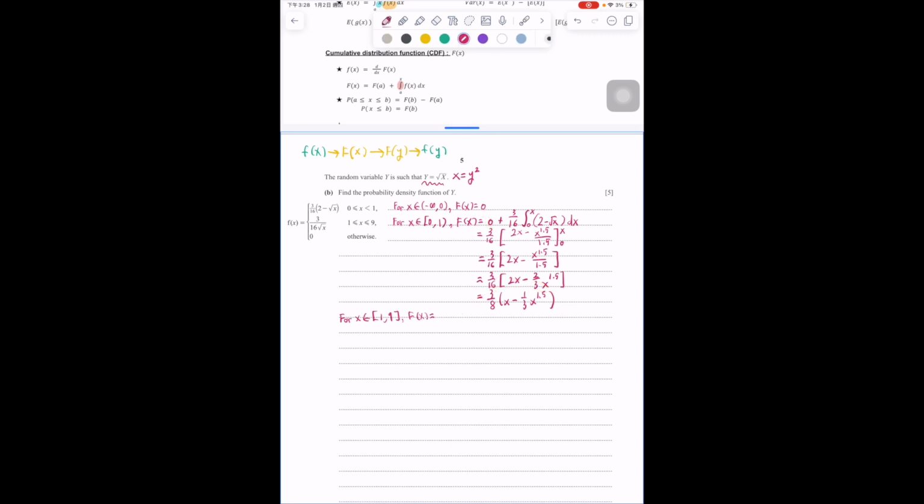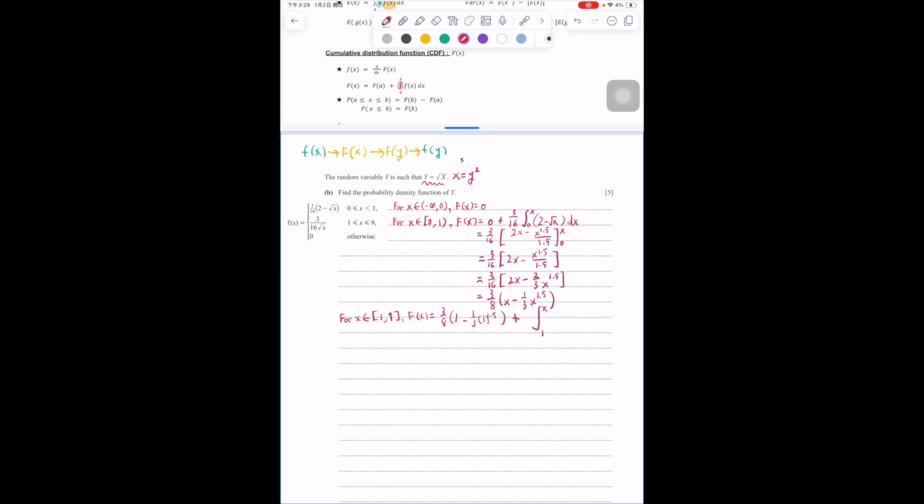So we have 3/8 x minus 1/3 times x to the power of 1.5 plus our integration. So wait, we need to put our 1, substitute our 1 to here, x equals 1. So we have 1 here, and then put a bracketed 1 here, and 1 to x.